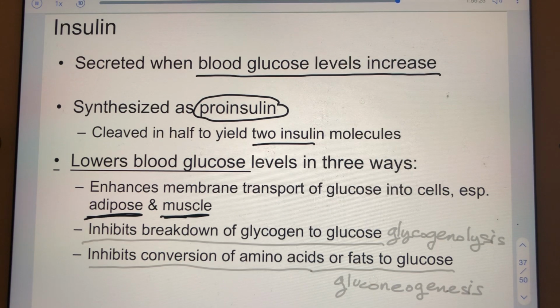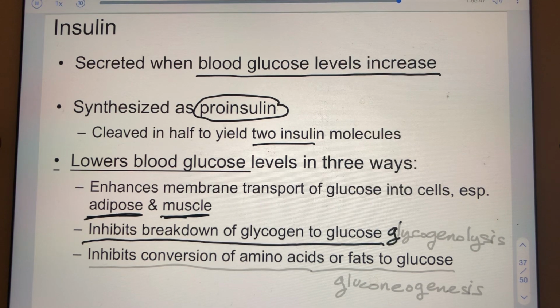Without that permission slip, those cells are not going on the field trip. They can't claim glucose, okay? Insulin also inhibits the breakdown of glycogen into glucose. In other words, what does it inhibit?